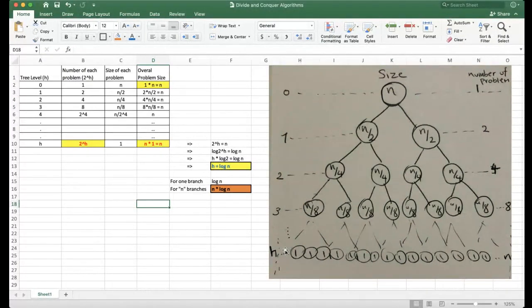The sorting algorithm uses the same strategy, but the difference is that in binary search, every time we divide the problem in half, we get rid of the rest of the problem completely.